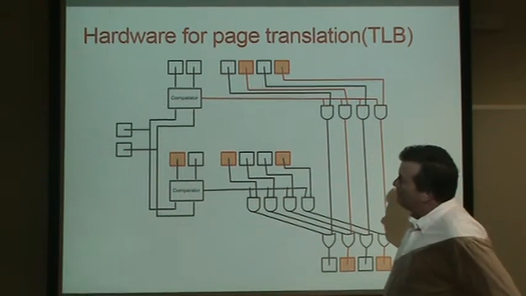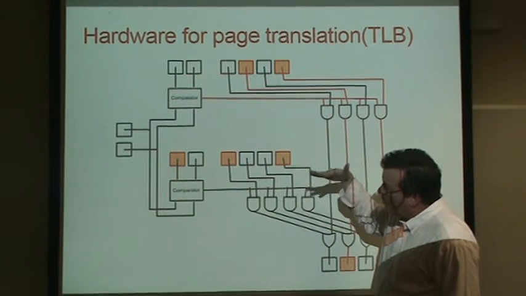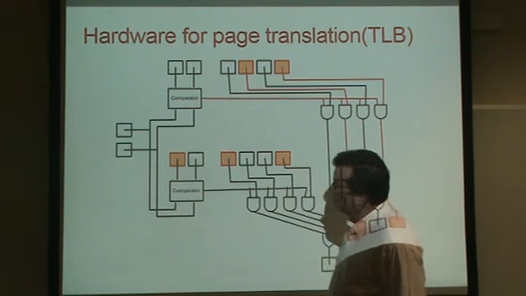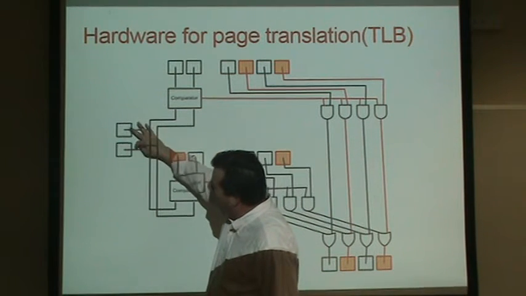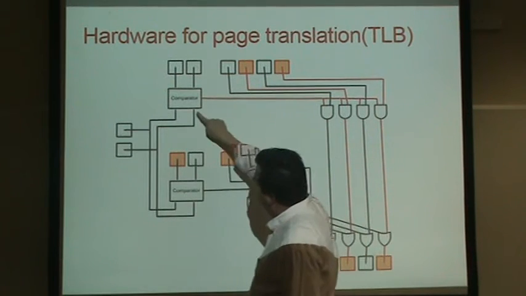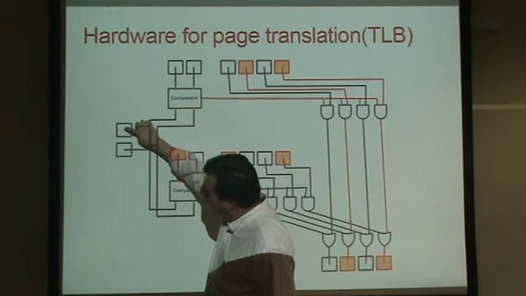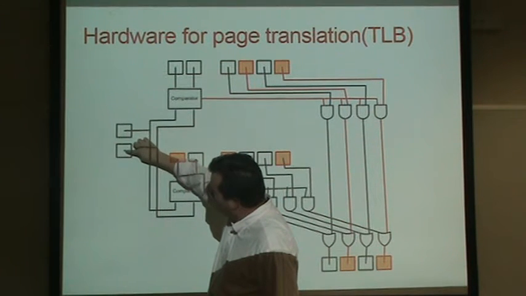So here's an example of where we would have our page table in hardware. Let's say, for example, the red wire means 1 and the black wires mean 0. So here we have a bit set to 0 and a bit set to 0.